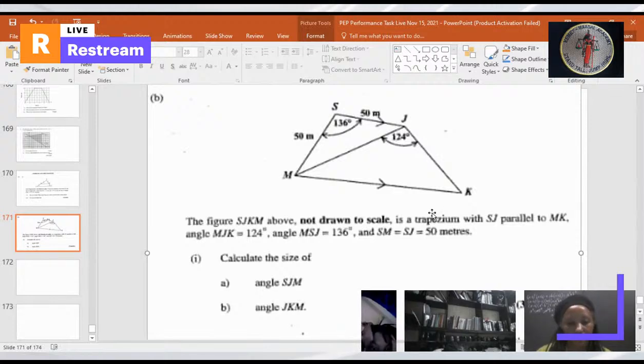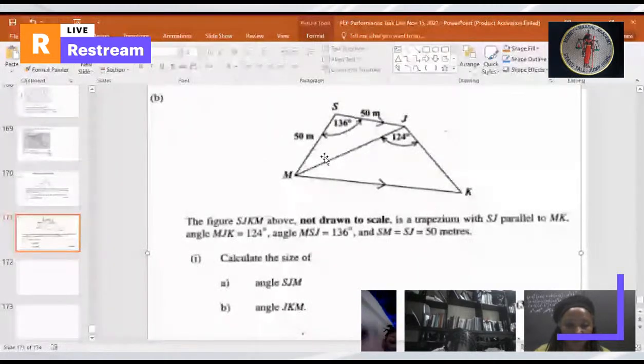Miss, because it asks for JKM, 23. And why are we adding the 22 to 124? Because we already know this is 22, and this is 22.